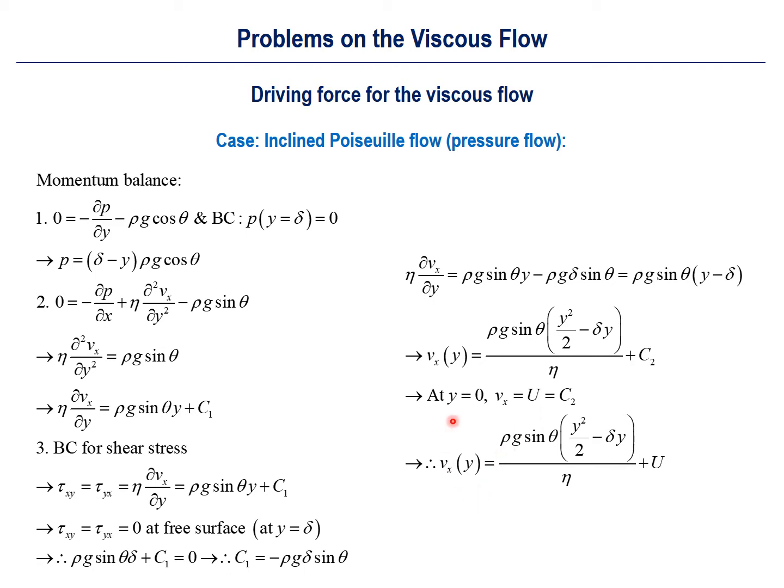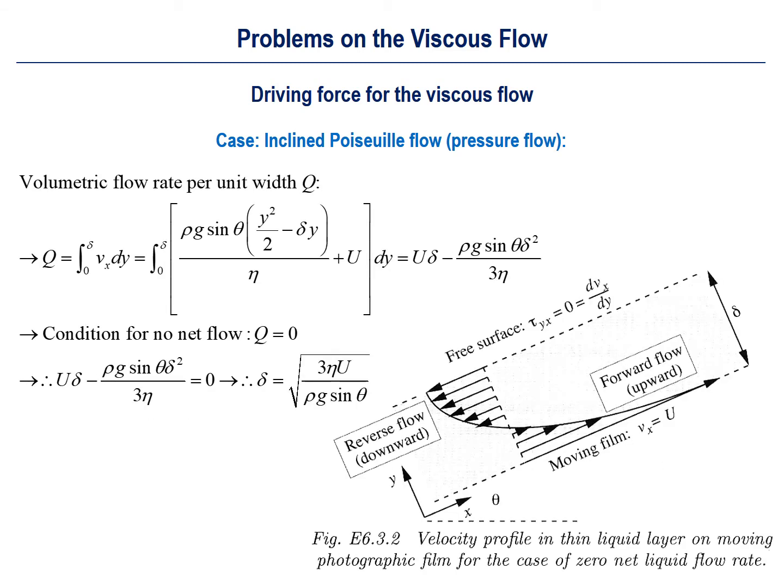So finally, we can find the final velocity profile as shown in this final equation here. Okay, this U means the drag velocity of the lower or bottom plate.